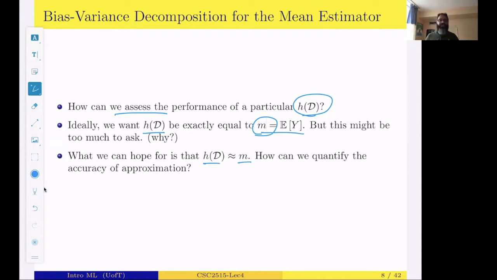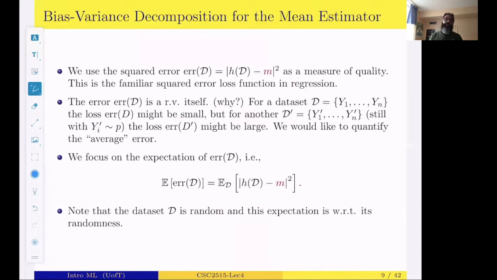So how can we talk about closeness of two values? This is a real valued number, this is a real valued number. Usually we can talk about the difference of them, right? But actually the difference squared.